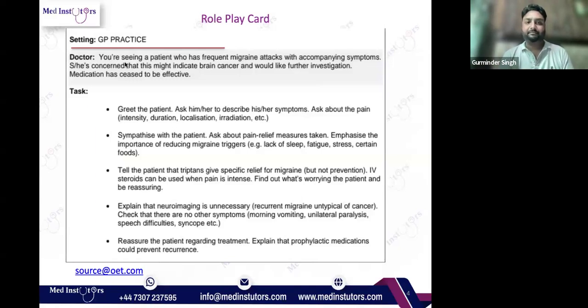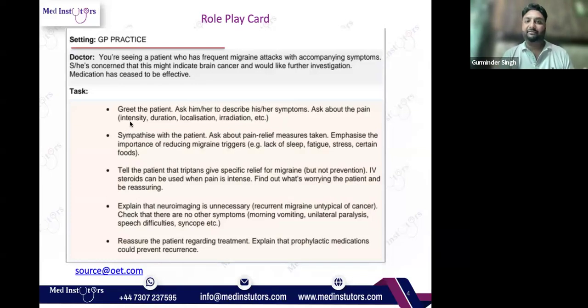Next, you can find the task, and then you can find some bullet pointers. This is the third part and the most important part of this role play card. Here you can find your role and the bullet points that you need to complete in the conversation. A role play card is a kind of zigzag conversation.